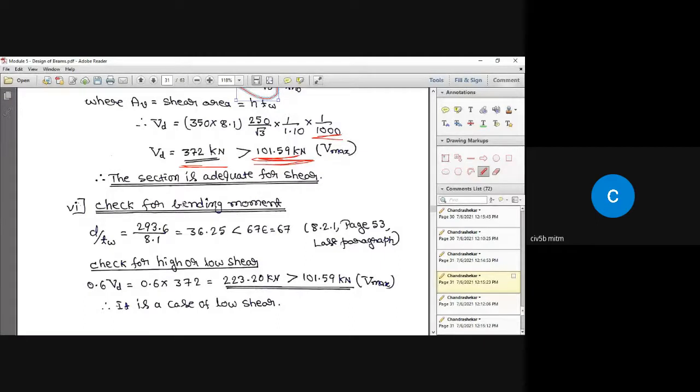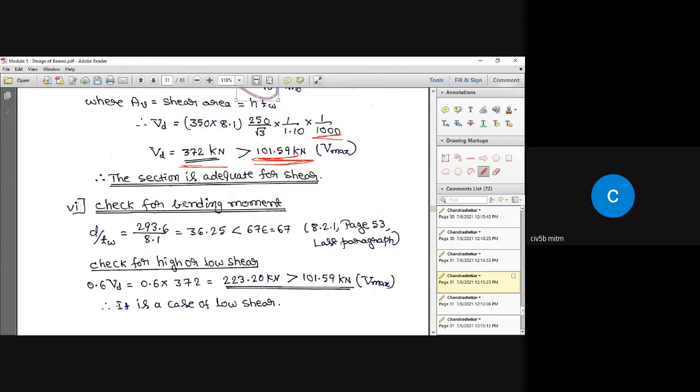Shear check is done. Next, we are going to check for bending moment. Again, we have two equations. One equation for bending moment is on page number 53, that is MD equal to beta B Zp Fy divided by gamma M0. And there is another set of formulas on page 70.